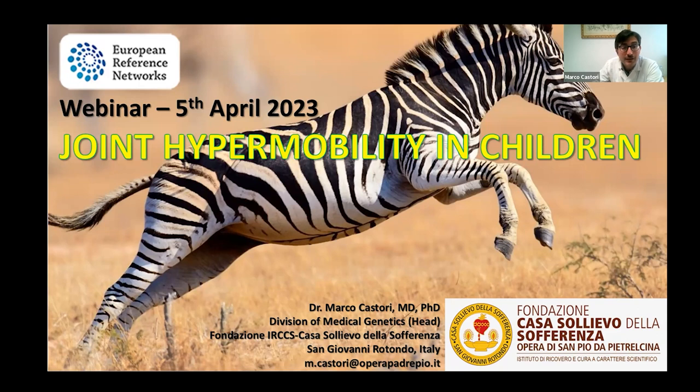I generally see children with joint hypermobility with the suspicion, obviously, of Ehlers-Danlos syndrome or other connective tissue disorders. But joint hypermobility is quite common in the general population, especially in children. So a few general concepts are useful for the clinical practice, also for rheumatologists and other specialists that manage musculoskeletal issues.